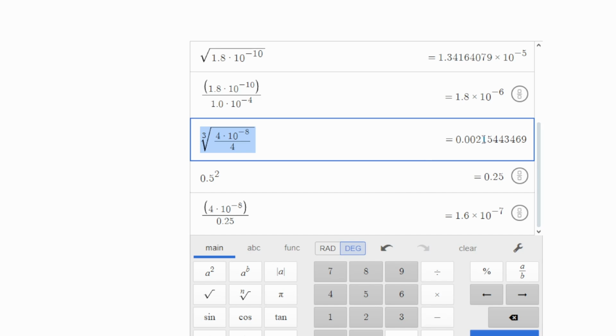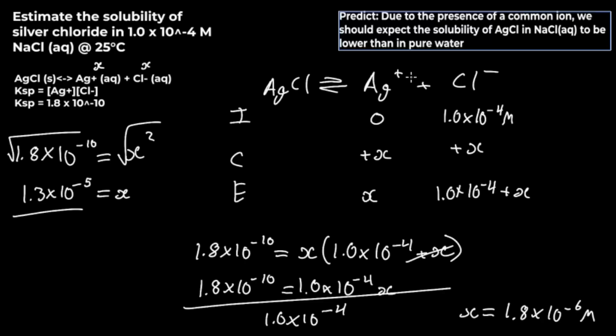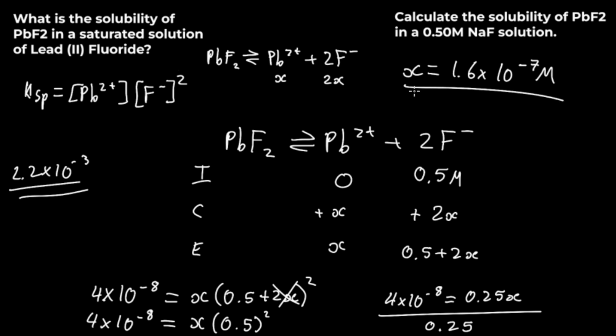We had the 2.2 times 10 to the negative 3. So I'll just write that right here, 2.2 times 10 to the negative 3. So again, we can look at our prediction here. The presence of a common ion, we should expect the solubility of this in the solution with the common ion to be lower than a solution without the common ion. And that is still true here, because something raised to the power of negative 3 is going to be a lot bigger than something raised to the power of negative 7.